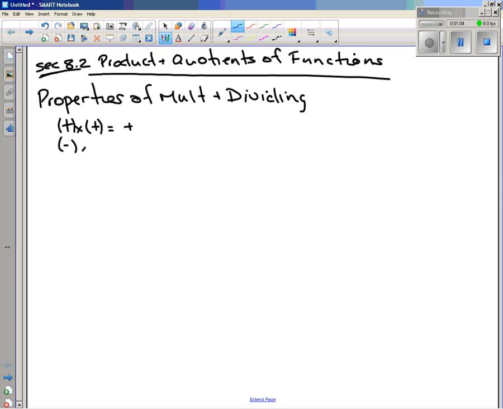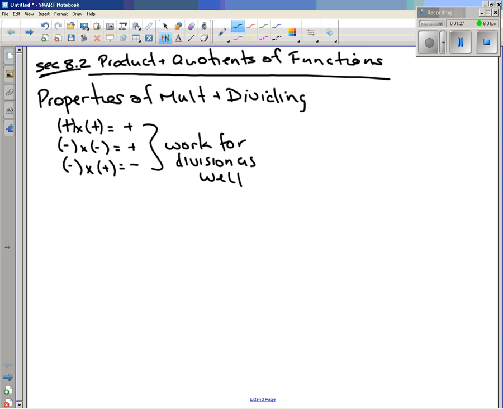That a negative number times a negative number is positive, and that a negative times a positive is going to give us a negative. And we know that those three rules are going to work for division as well. Okay, so a positive divided by a positive is going to give us a positive.